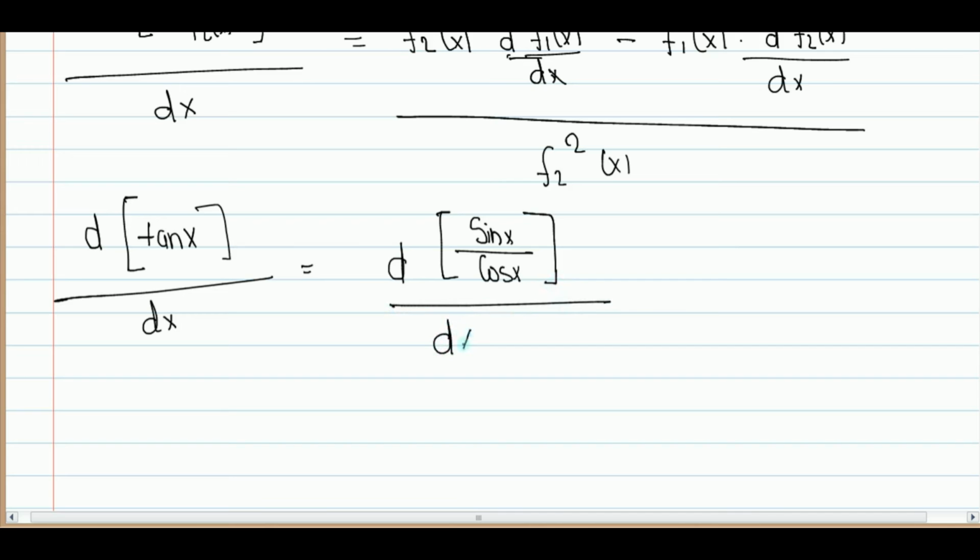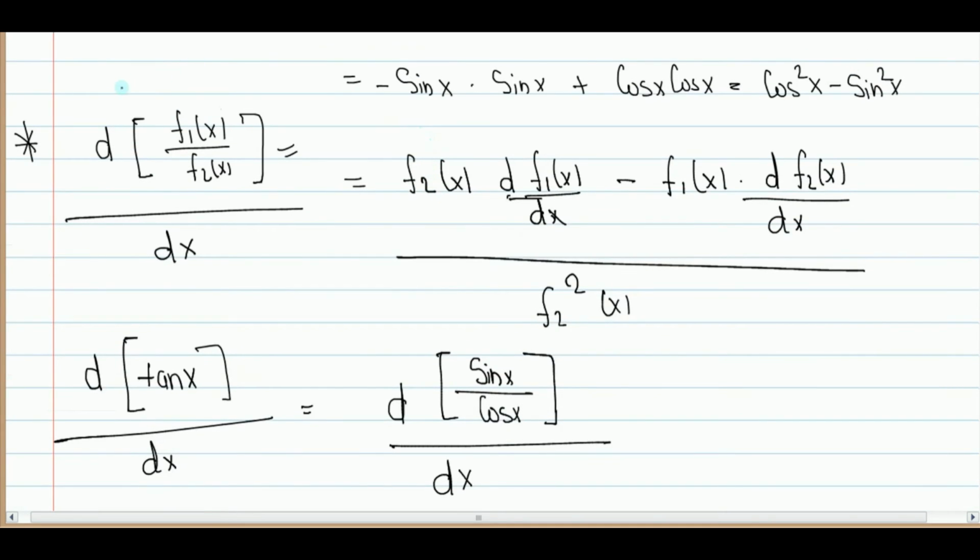You can see it right now. This sin x by cos x is nothing but a division, and we have to find the differentiation of this division. So we can apply the above formula. Which one? This one, this one, this.